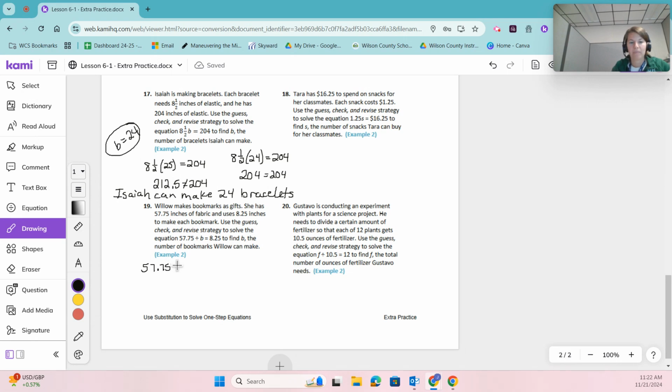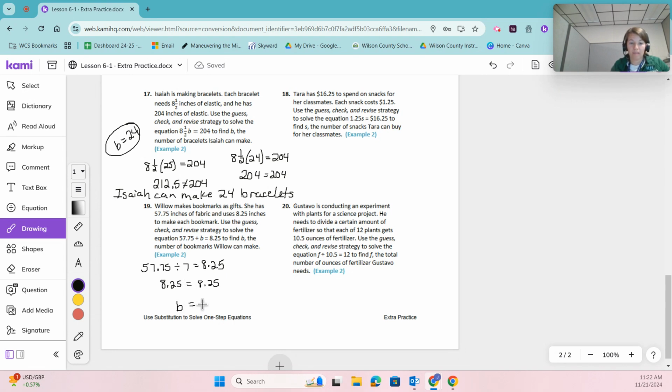57.75 divided by b, which I'm guessing to be 7, equals 8.25. Then I check my work, and 57.75 divided by 7 equals 8.25. 8.25 equals 8.25.